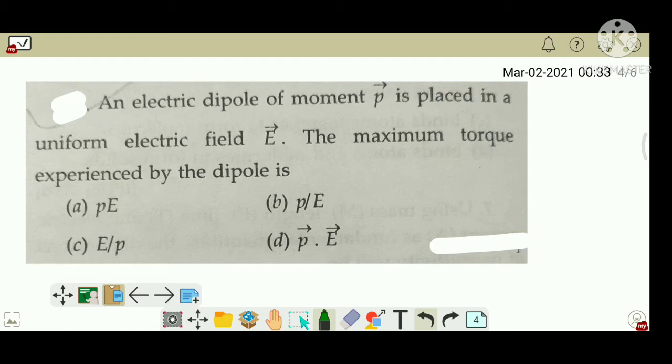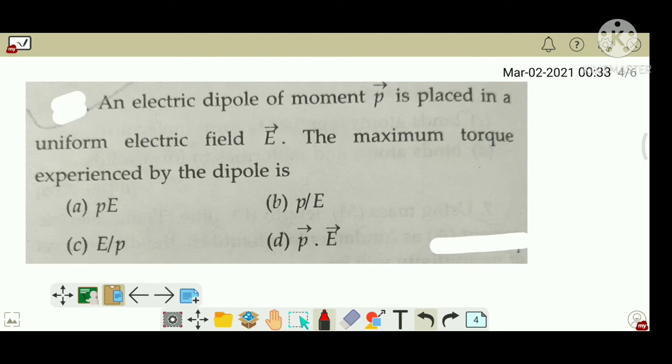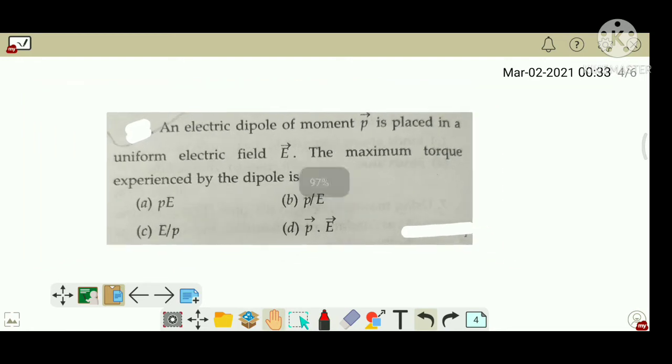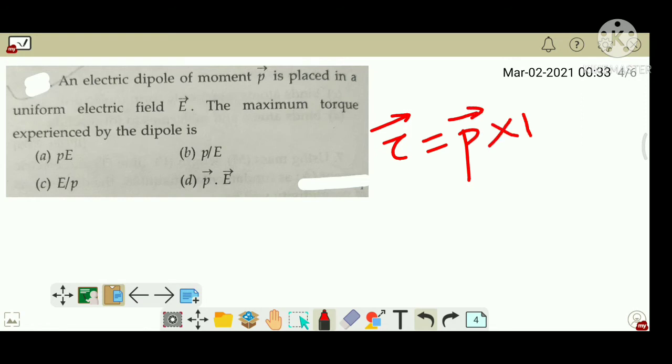Moving on to the next question: an electric dipole of moment P is placed in a uniform electric field E. The maximum torque experienced by the dipole is... It's a very simple formula. If a dipole is kept in a uniform electric field, the torque experienced by the dipole is tau is equal to P vector cross E vector.